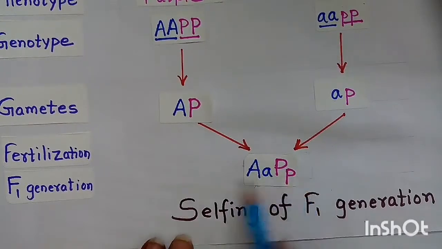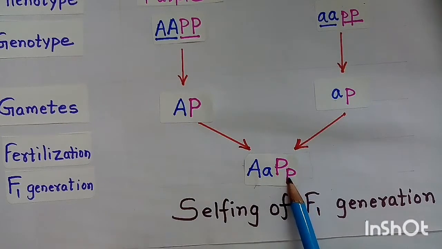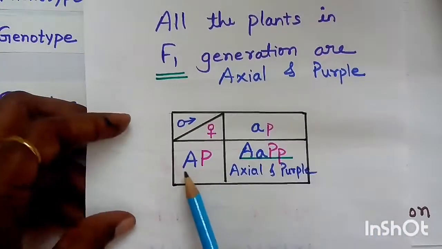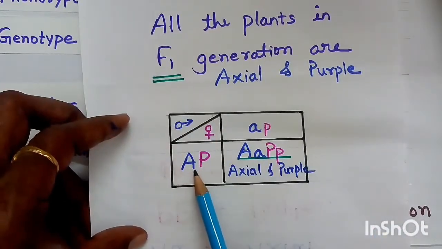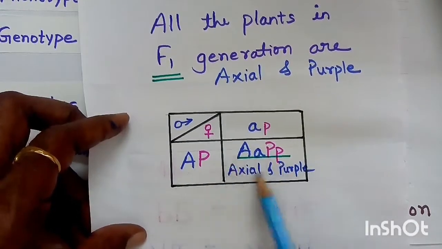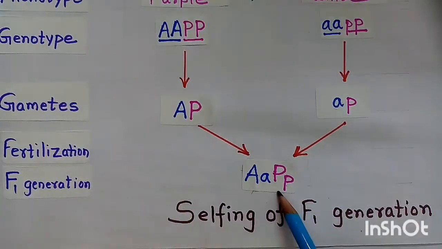This will be our F1 generation, and the F1 generation will have phenotype as axial and purple. Now how to get this? You can simply draw this. Place one gamete, that is male gamete, and this is female gamete, and finally you will get the answer. So this is how we can get our F1 generation.